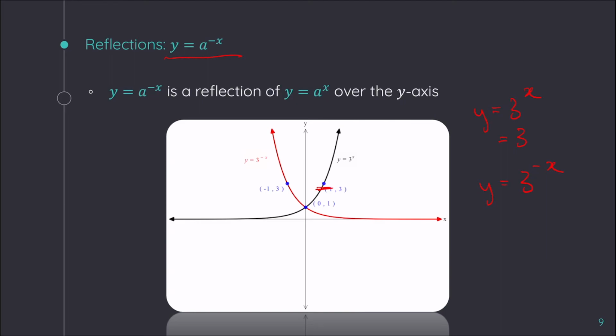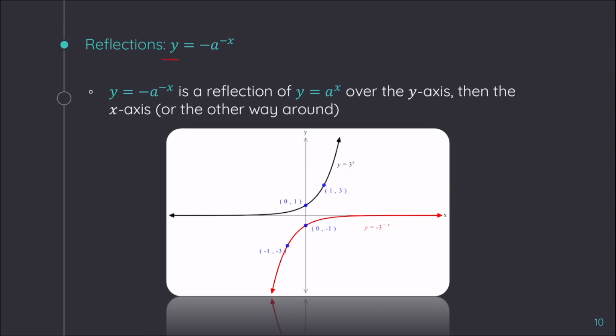Now, in this equation, if we want y equals 3, then this negative x is going to have to equal negative 1. Then it equals 3. So we get the equivalent point on the other side of the y-axis. So everything is flipped across the y-axis.